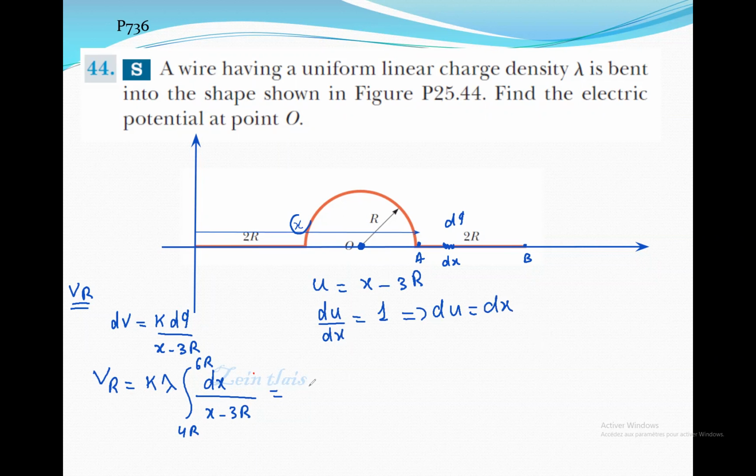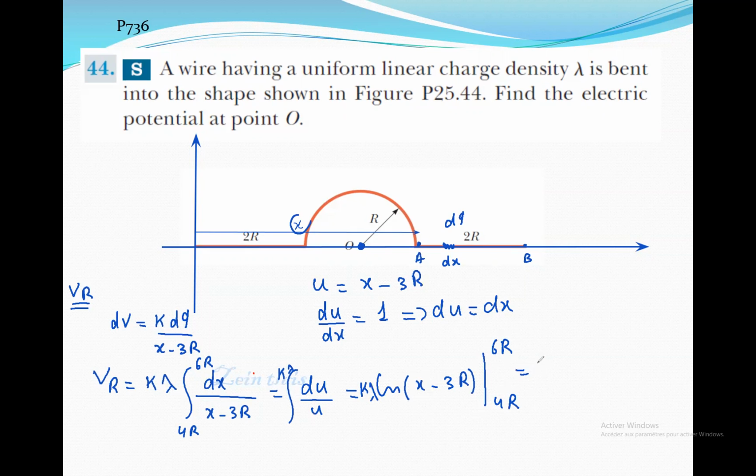So here we get the integral of du divided by u equals ln u, and we have k lambda. ln u, where u equals x minus 3r, between 4r and 6r.